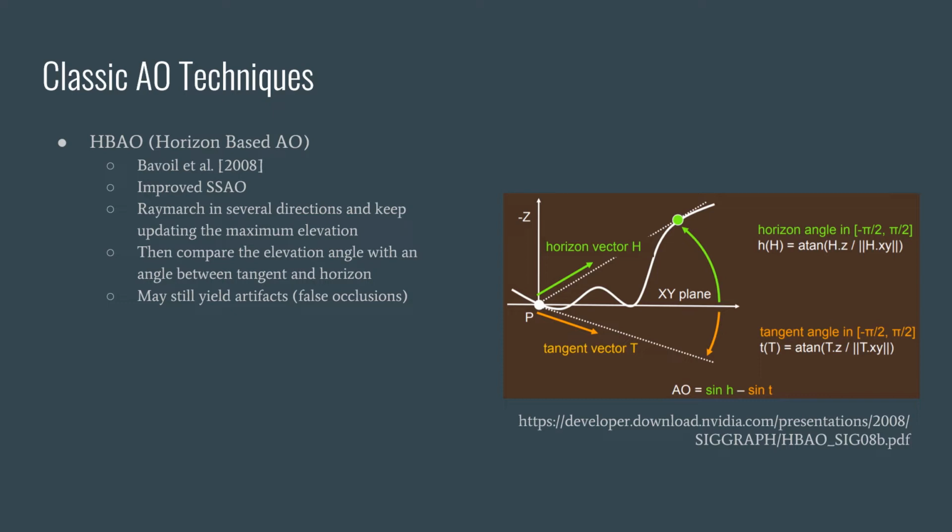The bigger its difference is, the more occlusion value the point is given. But still, HBAO produces some false occlusions if the rays are not uniform enough to cover the geometric features. In computer graphics, this kind of error is called an artifact. It will be good for you to remember this term.